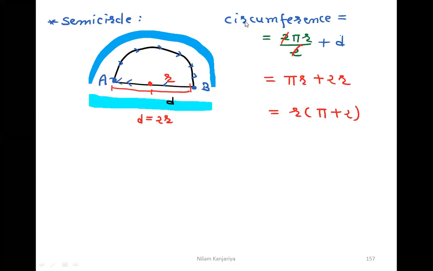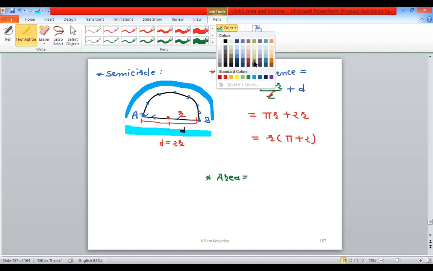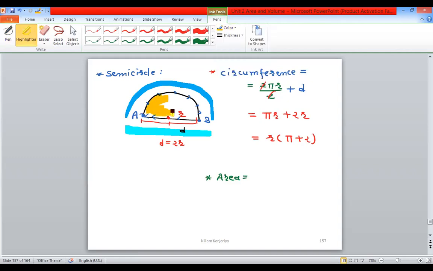Okay, so this is the formula to find the circumference. Now what is the area of the semicircle? So don't forget this definition. The area of the circle is pi r square, and the area of the semicircle is this cut part, and this cut part is just half of the circle's area.